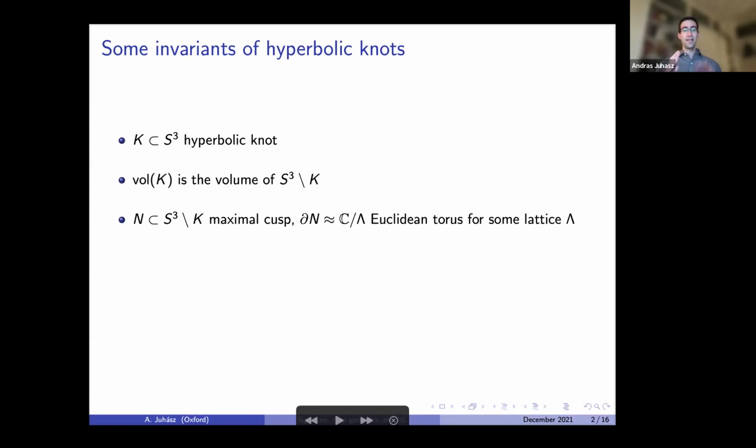Now, if you take a maximal cusp neighborhood of your knot, this is like a tubular neighborhood of your knot, then you look at the boundary that will be a Euclidean torus, which you can view as the complex plane quotiented out by some lattice Lambda.